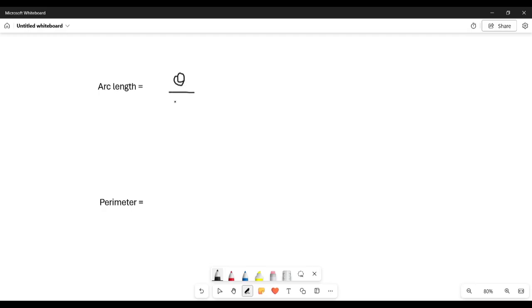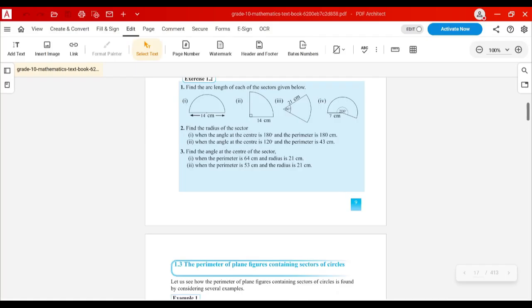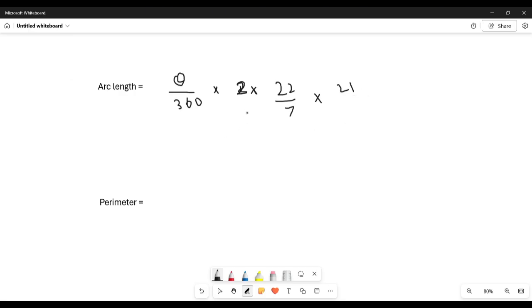So it's just theta over 360 into 2 into 22 over 7 into the radius. The radius is what? We have been given the radius, sorry. What was the radius? 21. Right. So we can cut where necessary. 2 times 1, and then here it's 180. 7 times 1, and 3 times 7 is 21.